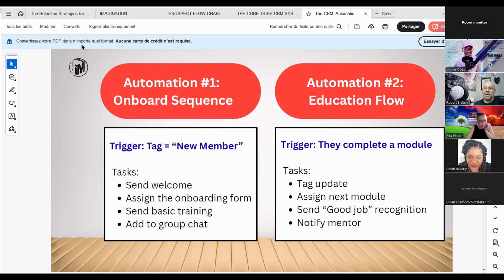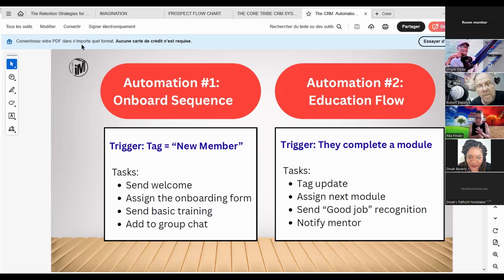Hi. The automation sequence. When you say automation 1 and automation 2, and you've got the onboarding sequence and the education flow, I'm thinking that automation 1 is a series of however many emails; I know Blake talks about doing 12. So all of those 12 emails you're sending out are automation 1.